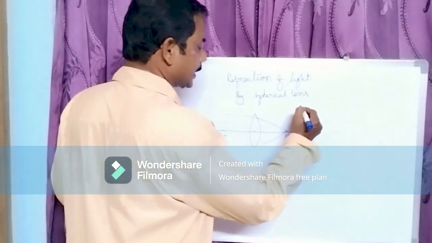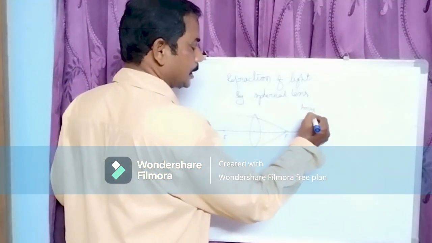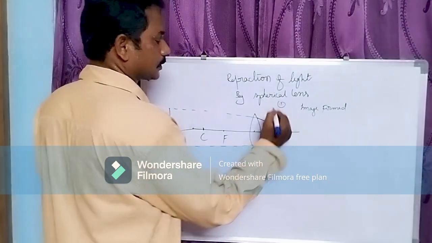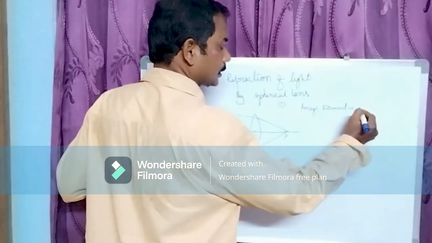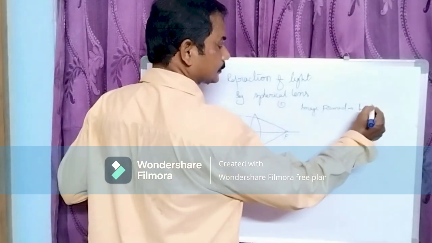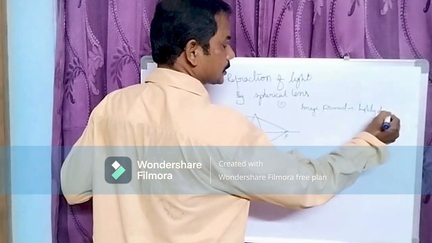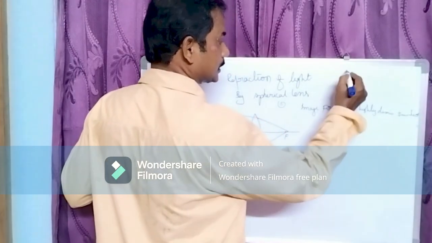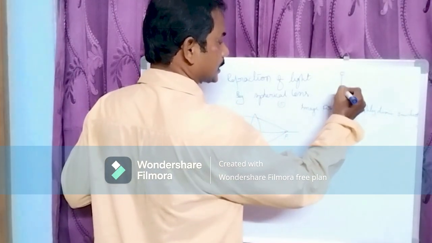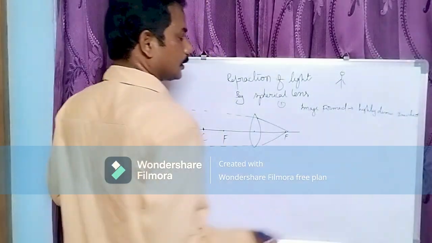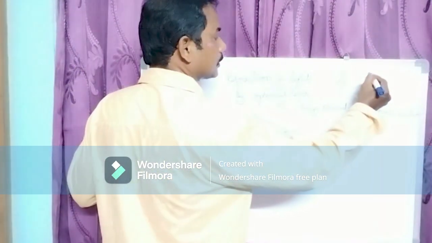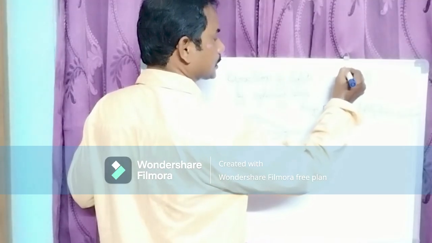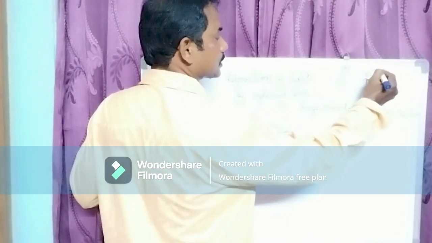Here in this case, the image formed is highly diminished and inverted. If the person is like this, and the image formed is also like this, this is the object, this is the image.